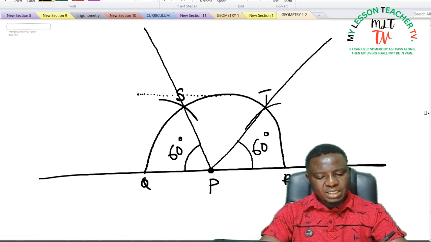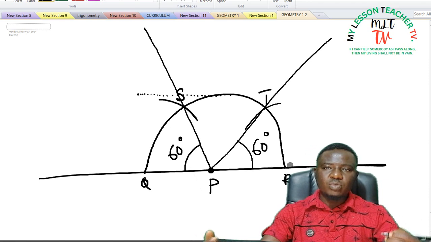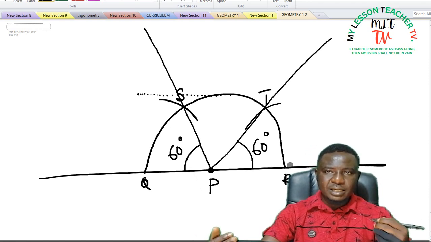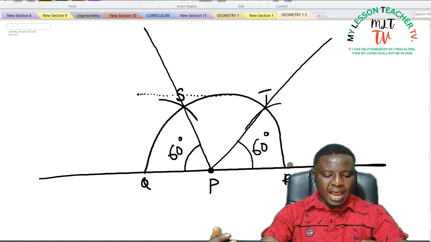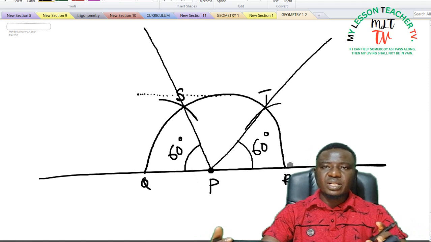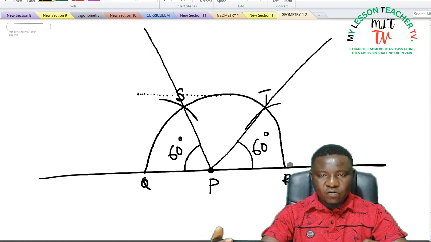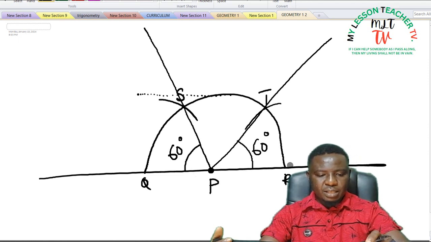As I have already shown you on how to bisect angles, all you need to do is, with R and T as centers and radius greater than half the distance of RT, construct an arc this way.